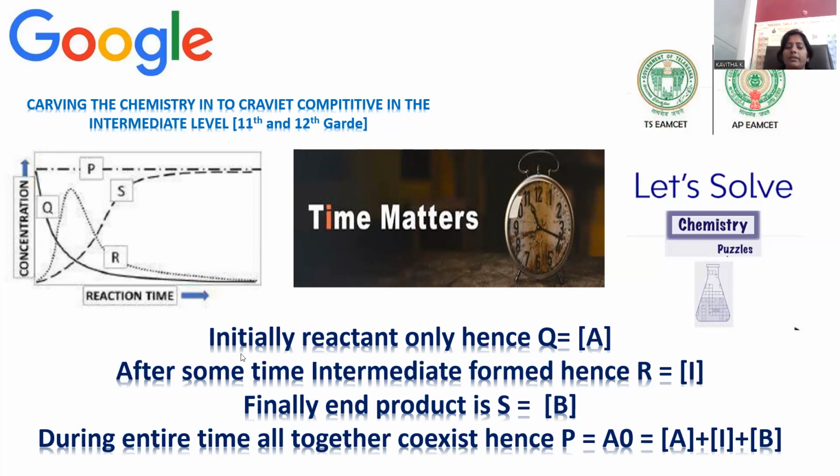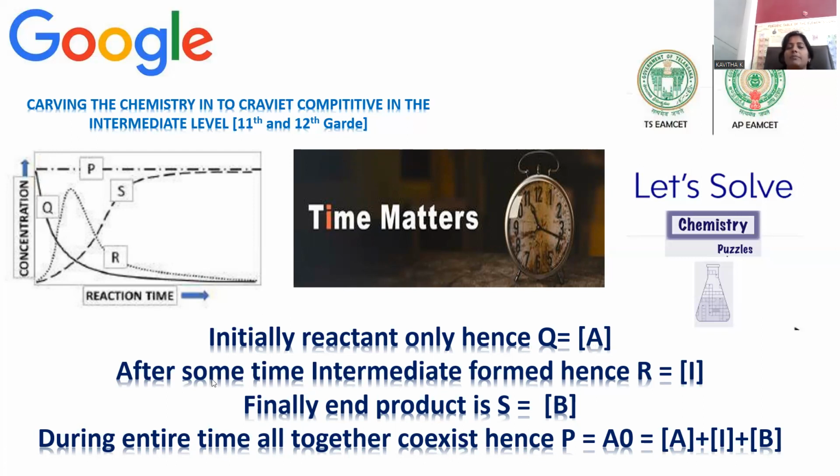Initially only reactants exist, so initially there is the existence of Q. Near zero time, at the instance where we start the reaction, you can find Q. So Q is nothing but the reactant.